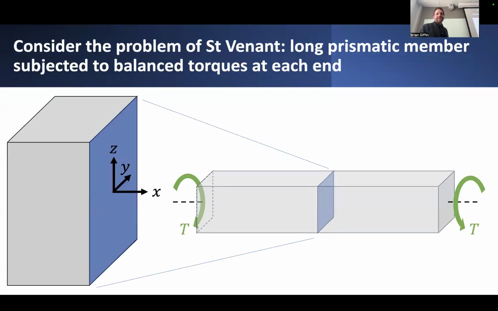That's a fairly simplistic problem that corresponds to what I'll call a Saint Venant problem. So Saint Venant, as you might recall from Saint Venant's principle, came up with this idea that if you have a relatively long, slender member, and maybe far away at the ends of this member, you're applying some kind of loading.